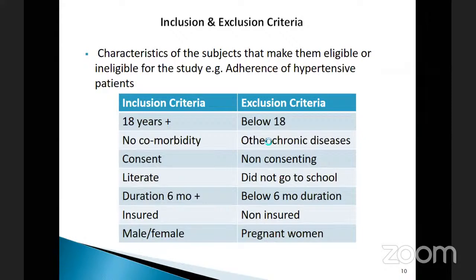If the characteristics make them eligible or ineligible for the study, those characteristics that make them eligible are inclusion criteria. And the characteristics that make them ineligible will become the exclusion criteria.